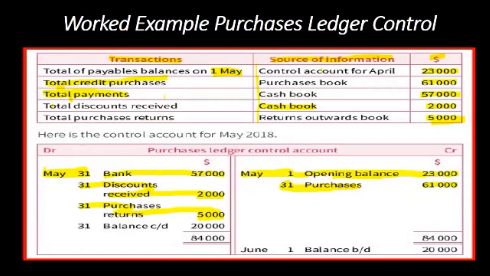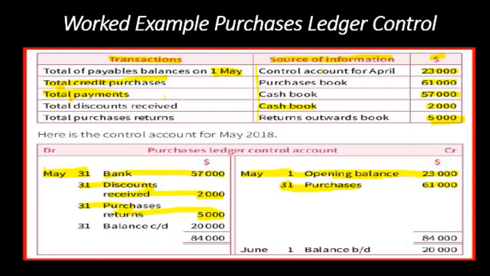Okay, so on this side of the account, if you notice, the only thing that we have is the opening balances and the purchases itself. Okay, and on this side, the other three items go. All right, then we balance the account and we will get this balance here. 20,000, right?